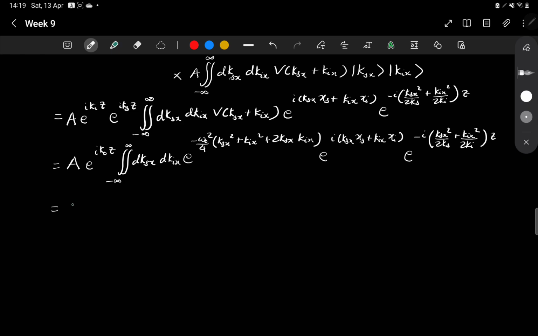Now we can write down separate integrals for signal and idler to perform the integral.